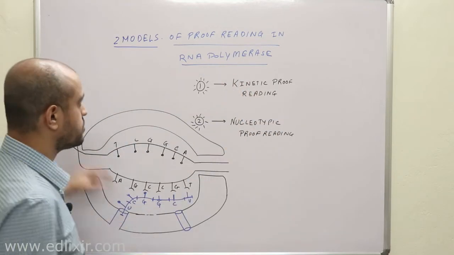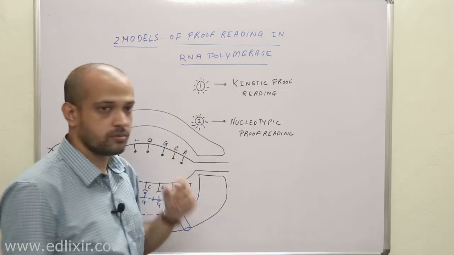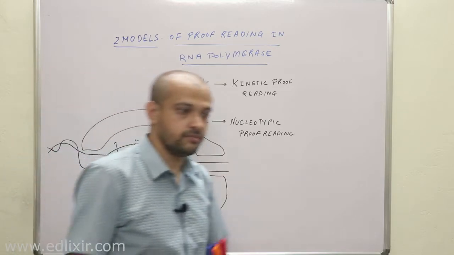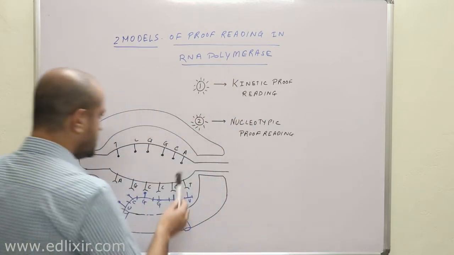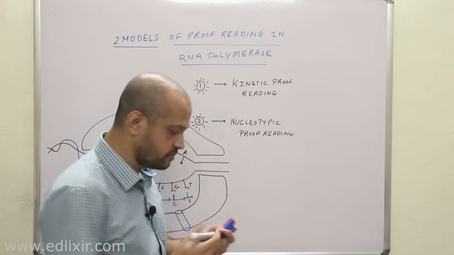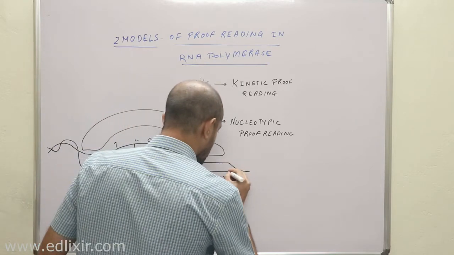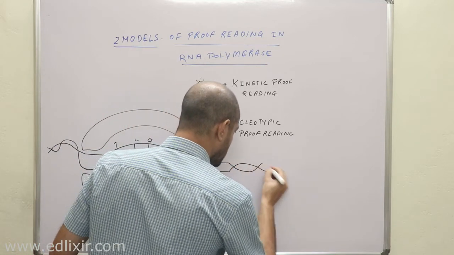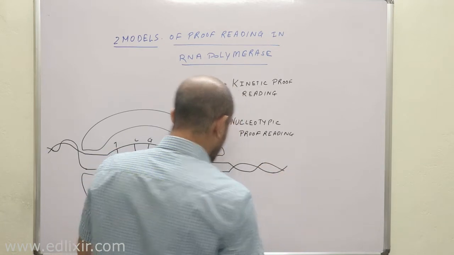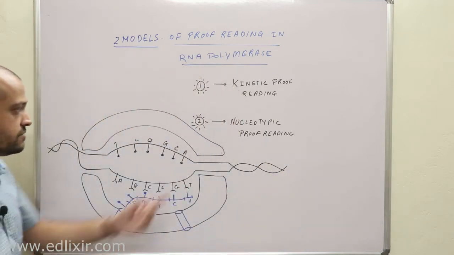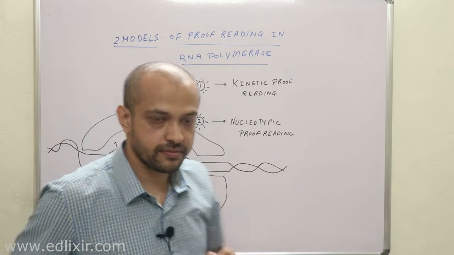But a very important point is this: we have talked about RNA polymerase proofreading. But if there is a mutation or a problem within the DNA itself, then what will happen?